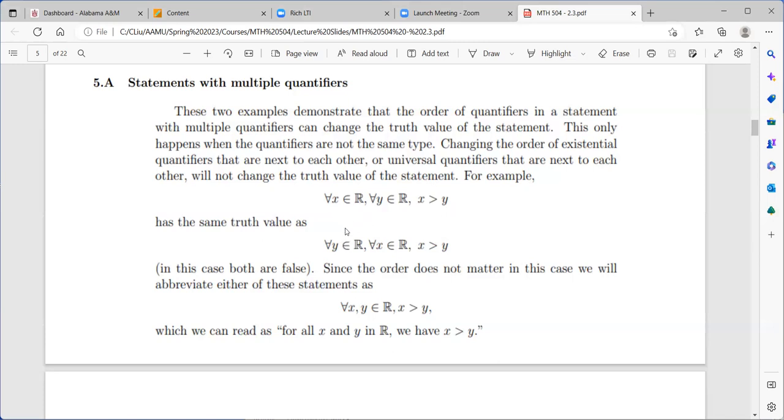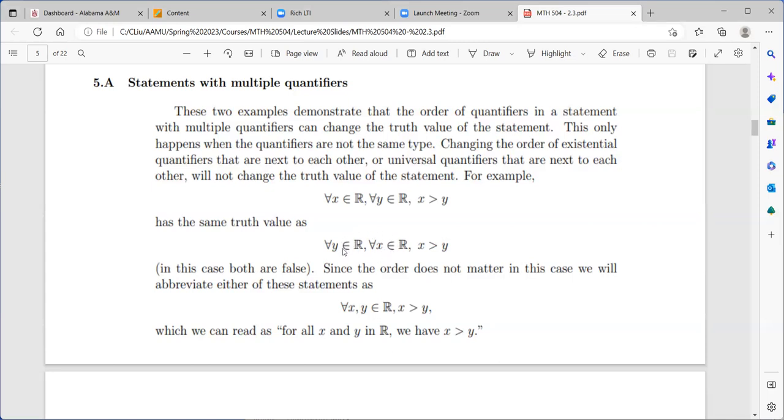If you switch the order of the two quantifiers, x and y, basically, then you say for arbitrary y in R and for arbitrary x in R, x is greater than y. That's the same thing as the previous one because you just choose x and y arbitrarily.